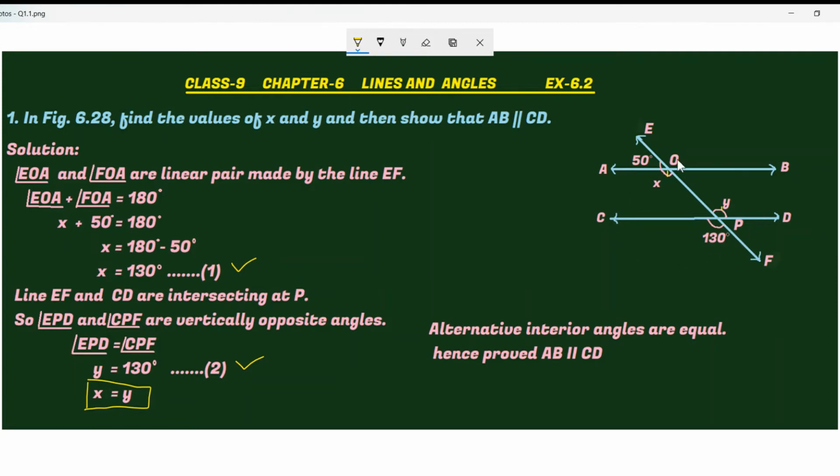We know if two lines are parallel and one more line intersects those two parallel lines, the transversal makes alternate interior angles, and these would be equal if the two lines are parallel. Here you can see x and y are equal. So if x and y are equal, hence AB is parallel to CD because alternate interior angles are equal. Hence proved, AB is parallel to CD.